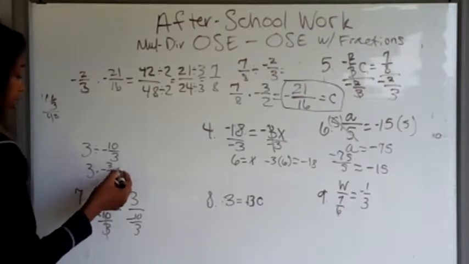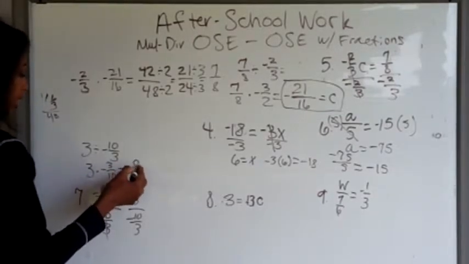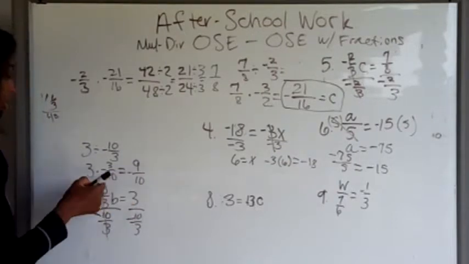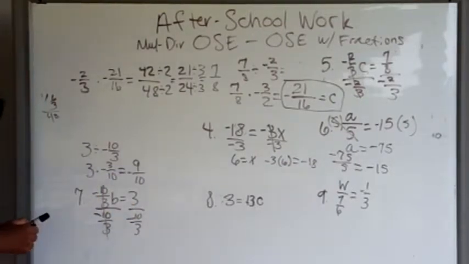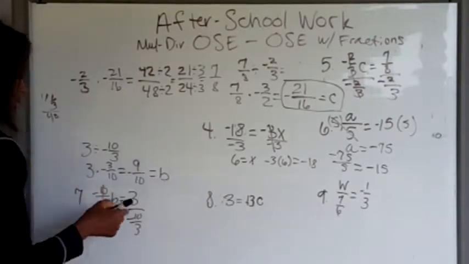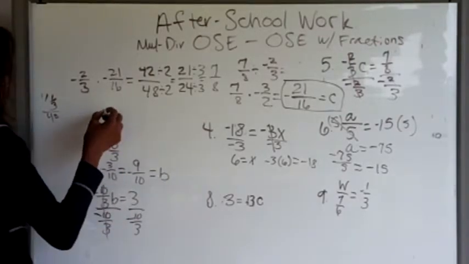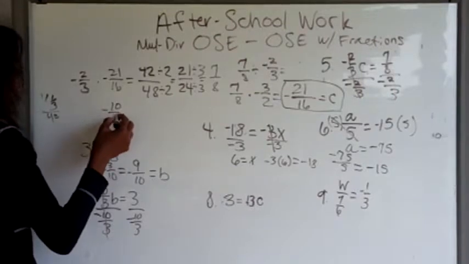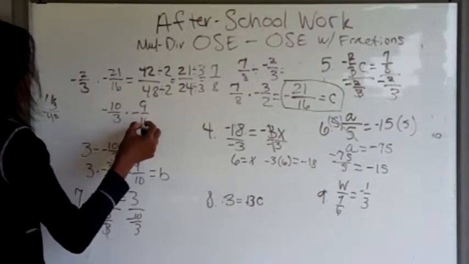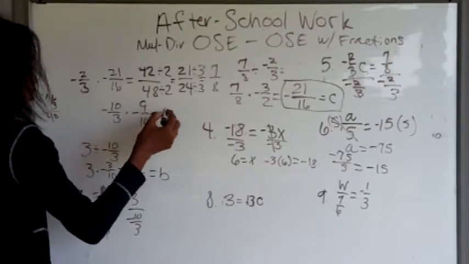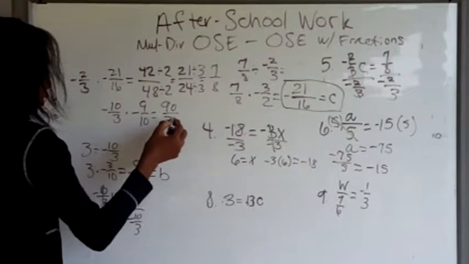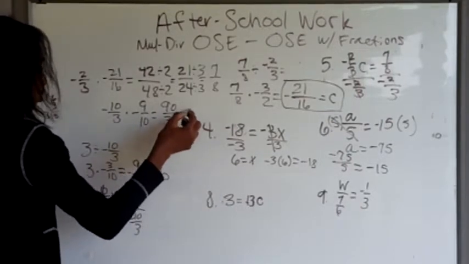Then we multiply across. So 3 times 3 is 9. And 10 times 1 is 10, and that's negative 9 over 10. So it's negative times a positive, so negative. So negative 9 over 10 equals b. If we plug it in, we have negative 10 over 3 times negative 9 over 10, which is equal to positive 90 over 30, which is equal to 3.